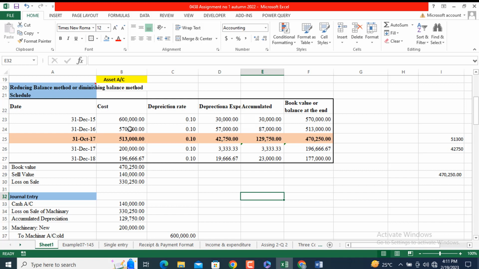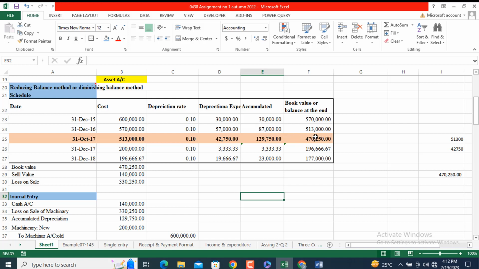So this is the amount here. Again we are going to apply the same rate 0.10. So we will get 57,000, the depreciation expense on balance sheet date, and accumulated depreciation is how we are getting this figure 87,000 under that column accumulated: 30,000 plus 57,000 equals 87,000.